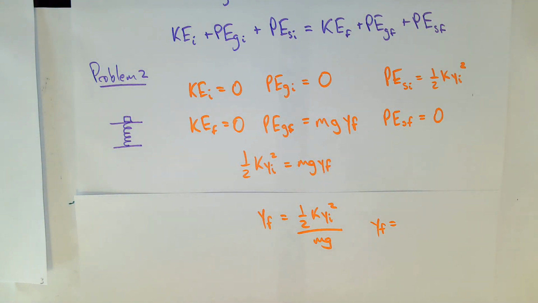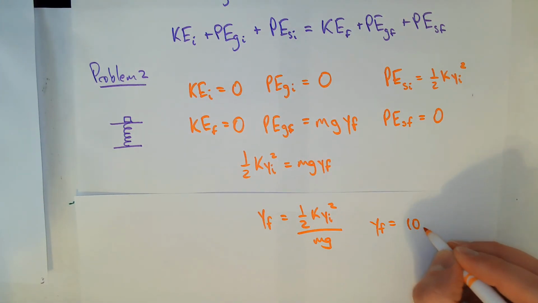Where does y initial come from? It's coming from however much it was compressed in the problem, like 0.1 meters. And k was given as like 5,000, I think. They gave it in scientific notation, 5 times 10 cubed, that's 5,000 newtons per meter. The mass is 0.25, and I calculated it earlier and I got 10.2 meters.